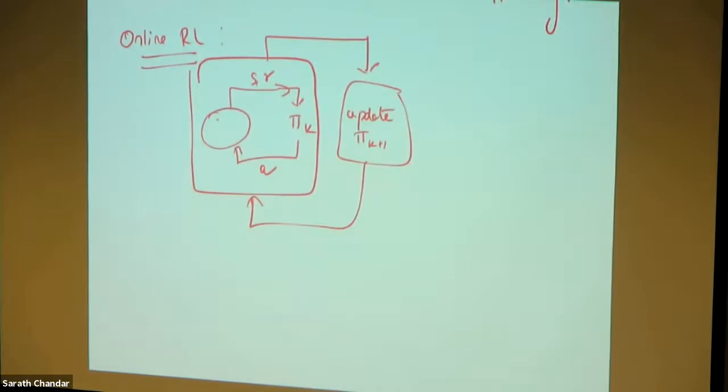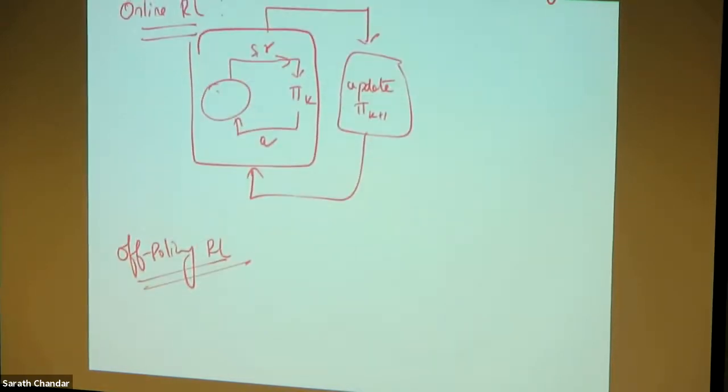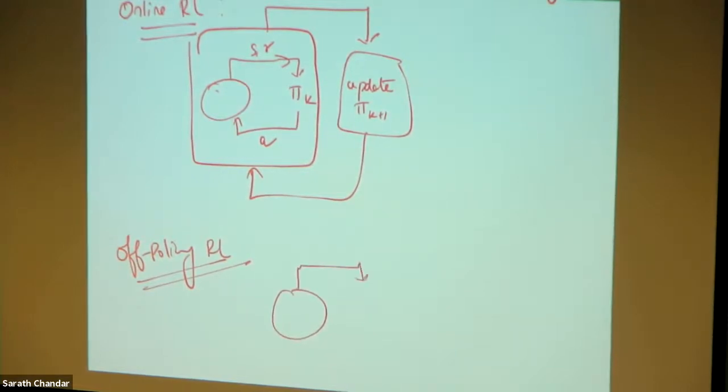Now we have also done off-policy RL, which is kind of in between online RL and offline RL. Why? Because in the case of off-policy RL algorithms like DQN, you have the same interaction setup, with an action, a state and a reward.